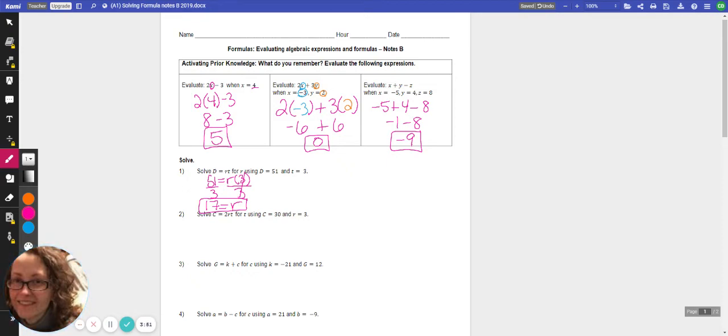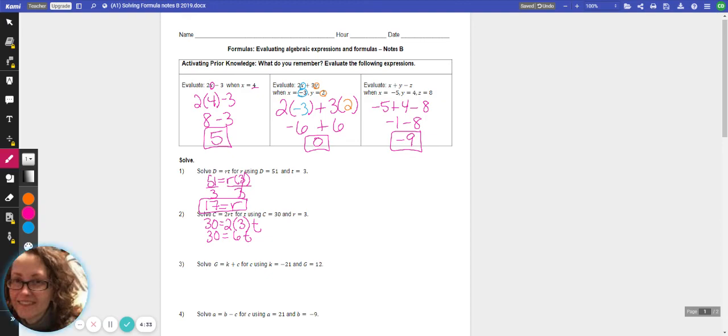So my equation for question 2 is c equals 2rt. They gave me my c value, that is 30. They gave me my r value, which is 3. And I'm looking for my t value. So I'm going to multiply first. 2 times 3 is 6.